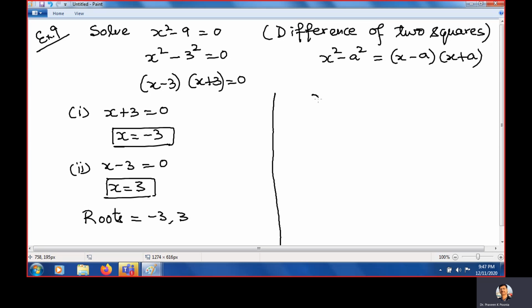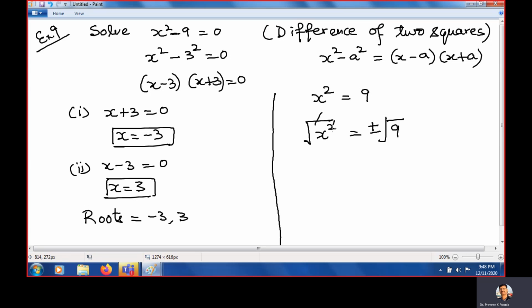That is x square. Shift the 9, so x square is equal to 9. You can shift it to the right side. Now you need to find the value. Here is a square, and how can we remove x power 2? Power 2 can be removed by taking a square root. So we are taking a square root. And remember, whenever you take a square root, you always put plus minus.